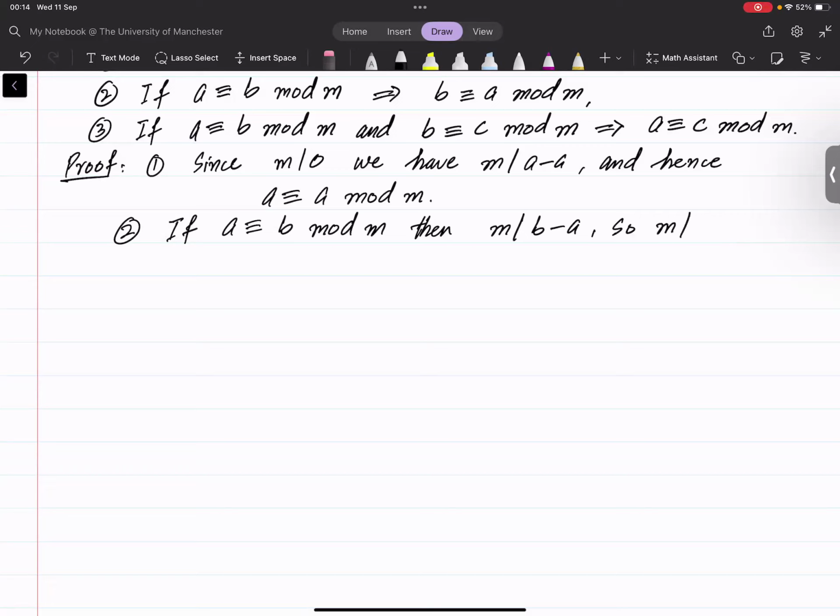So m divides a minus b, and hence b is congruent to a mod m.